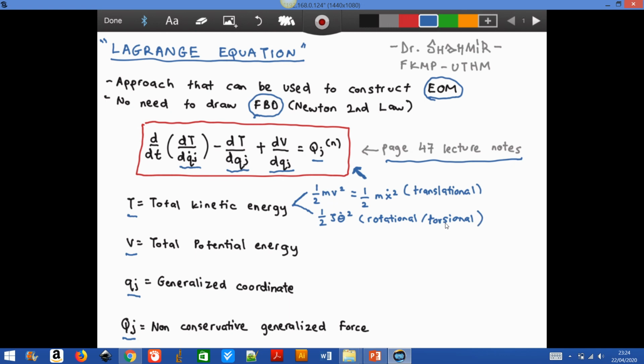So for the total potential energy, you can also describe it in two cases. For translational vibration, we could write it as half k delta x squared.